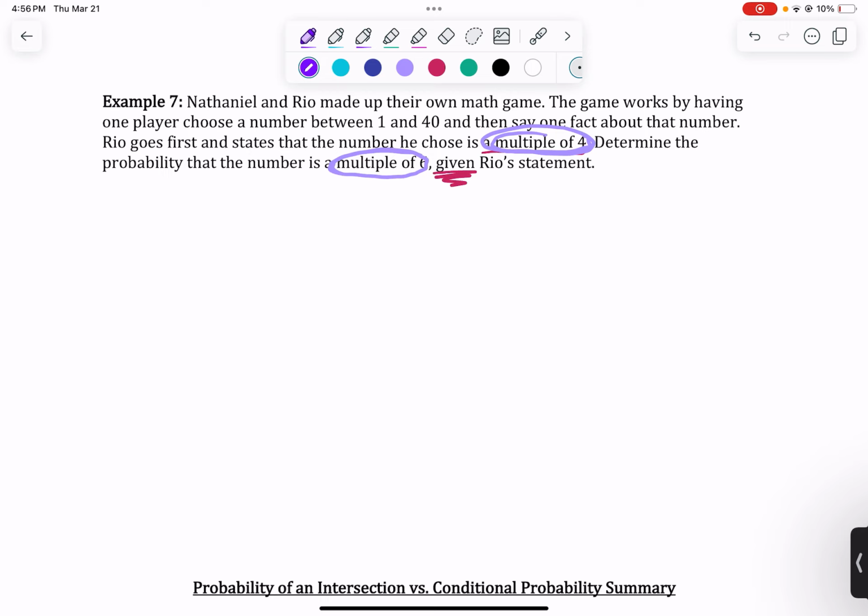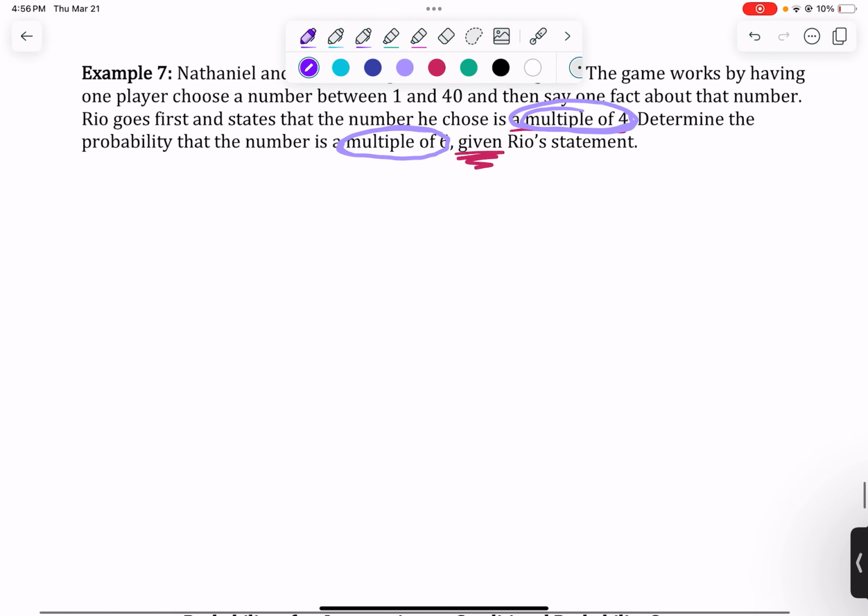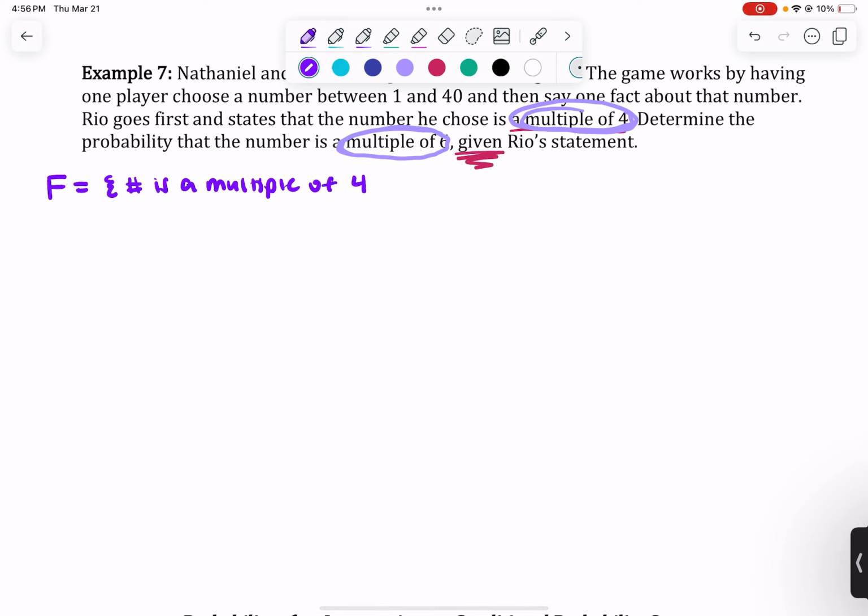So I'm going to go ahead and introduce those two sets. The first one would have been multiple of 4. That's the first part that came up. So I'm going to define F as the number is a multiple of 4.